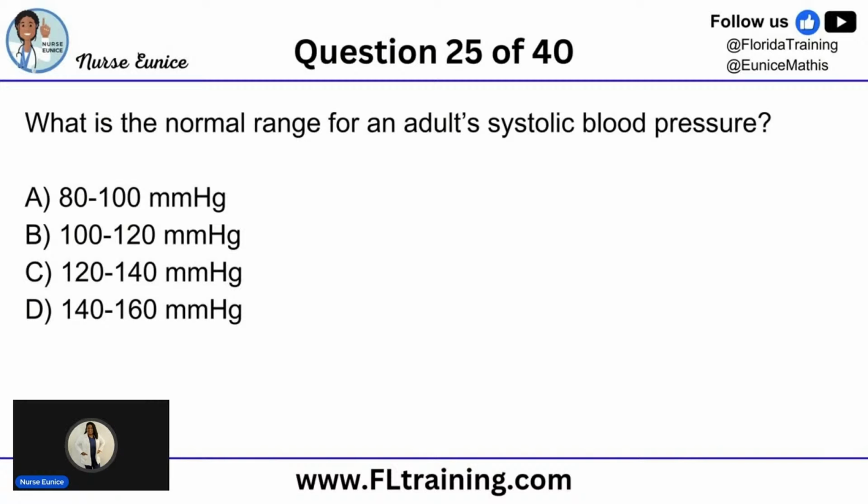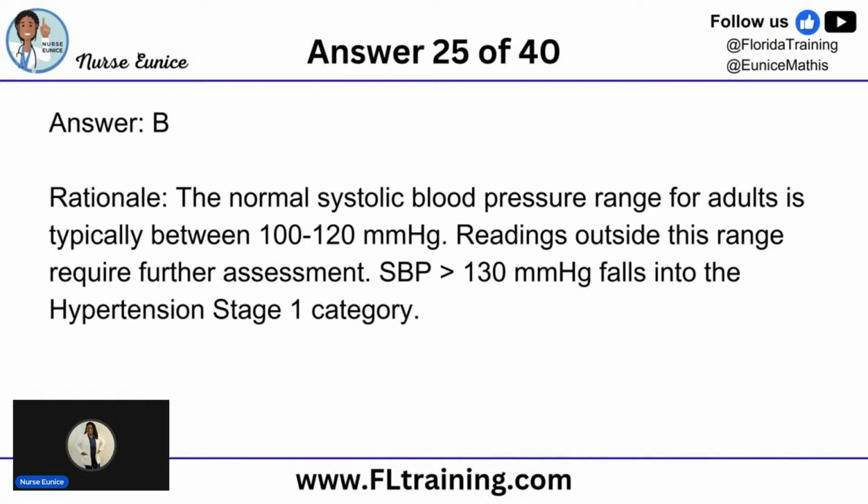Revealing the correct response in 6, 5, 4, 3, 2, and yes, you have it because they changed it, you all. So technically, if your systolic blood pressure is higher than 130, you are pre-hypertensive.